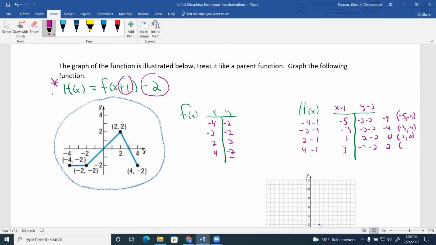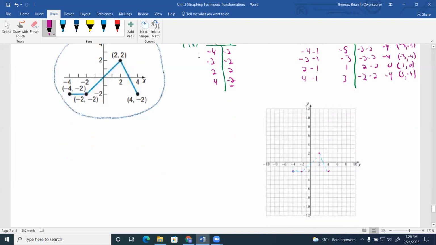So -2 lose 2 should have been not a 2, but a -4. That makes better sense. Sometimes you just got to make sure this all plays out right. Careless mistakes happen all the time. So I should have a 3, -4. Let's see if that will create the graph that I'm looking for.